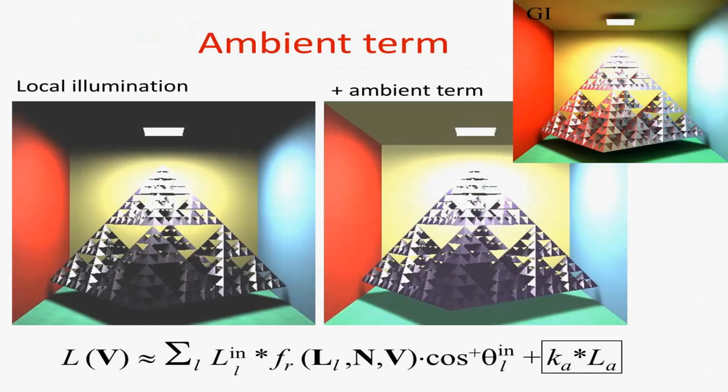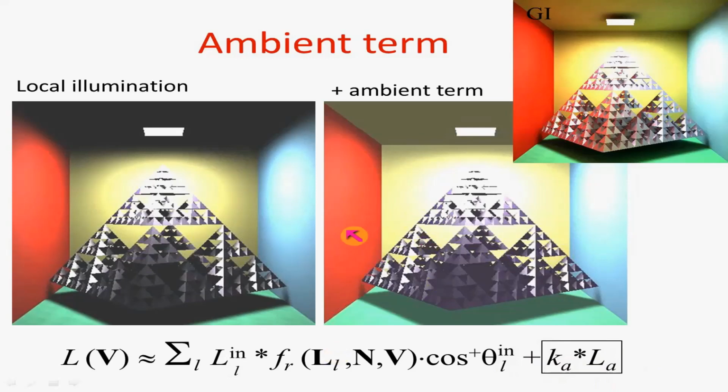So we add a so-called ambient term to the reflected radiance, which is here, where the intensity L_A is uniform everywhere and in all directions, and the ambient reflectivity K_a is a material property. If we want to be physically plausible, K_a can be obtained as the diffuse coefficient multiplied by pi.